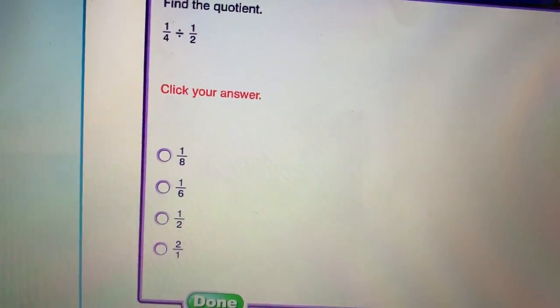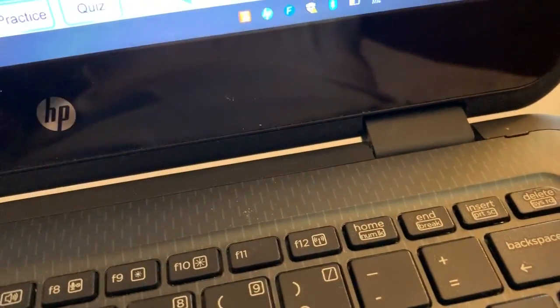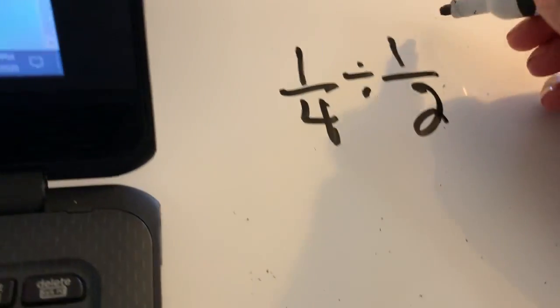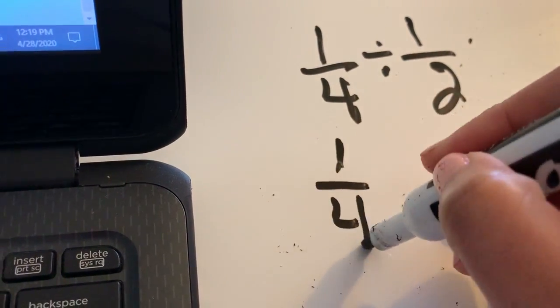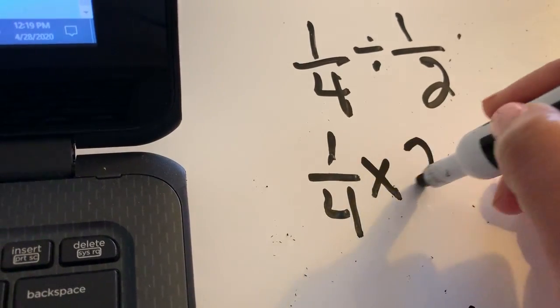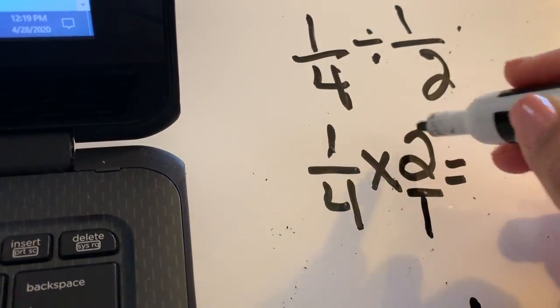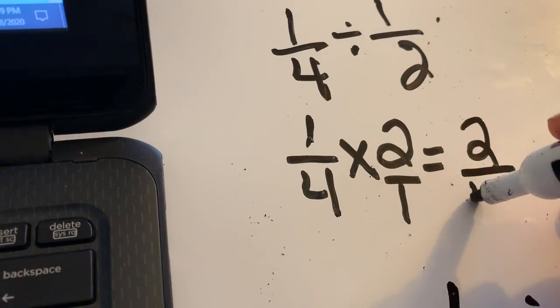Let's do one last one, okay? And we have 1/4 divided by 1/2. I'm going to keep the first fraction, change the division into a multiplication, and flip the second fraction, and that's going to be 1 times 2, it's 2. 4 times 1 is 4.